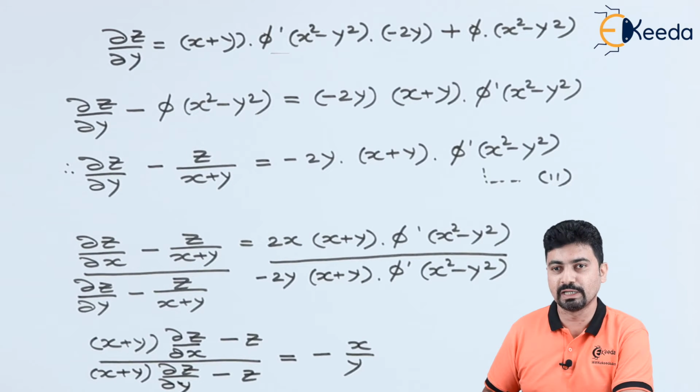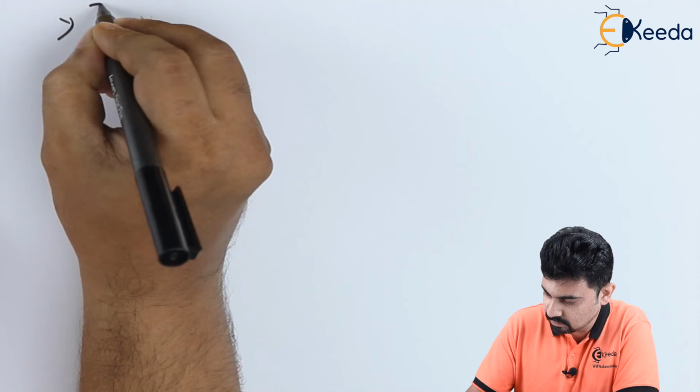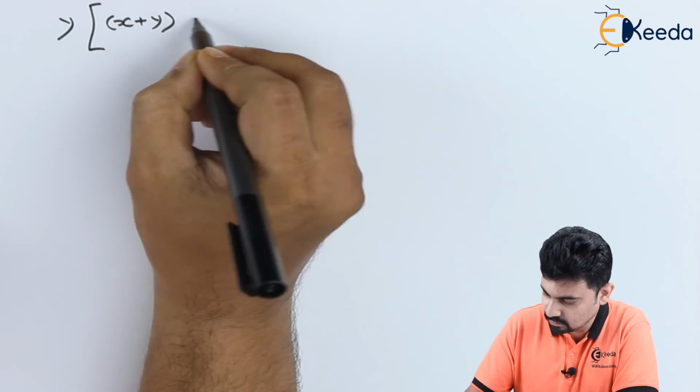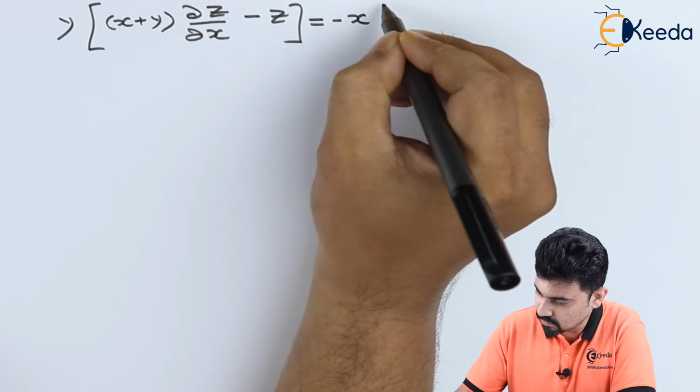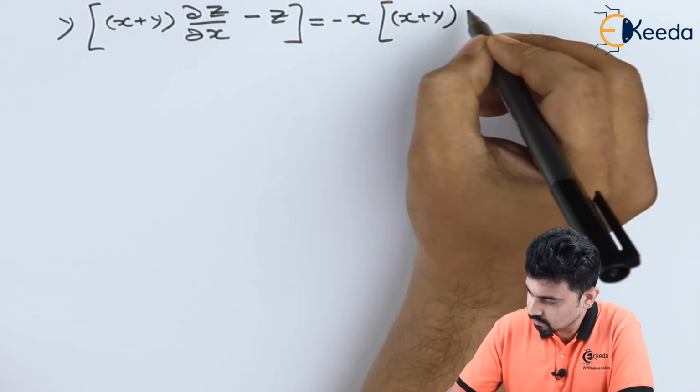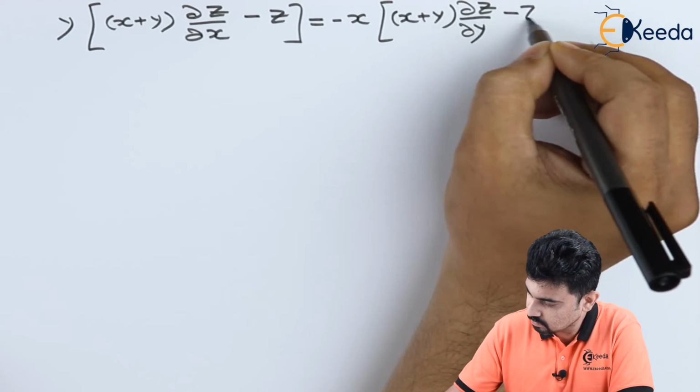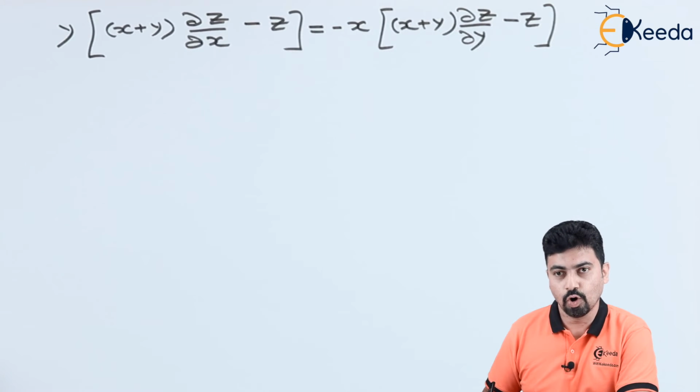Let us cross multiply and simplify this further. Open the bracket, multiply y to the bracket, multiply minus x to the bracket. Let us see what we get in the next step.